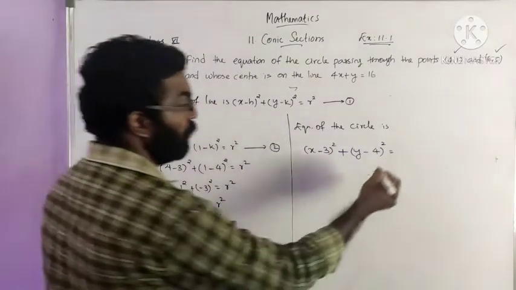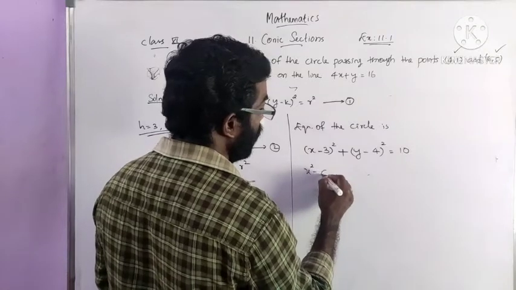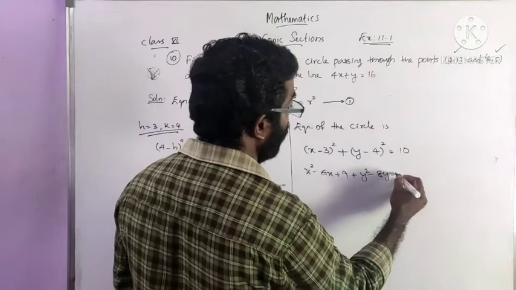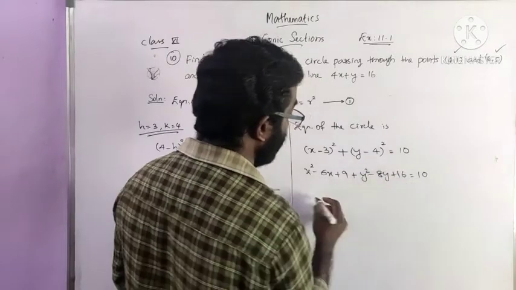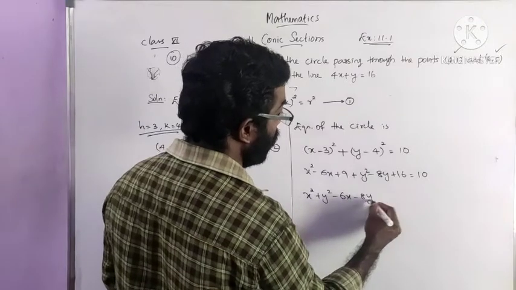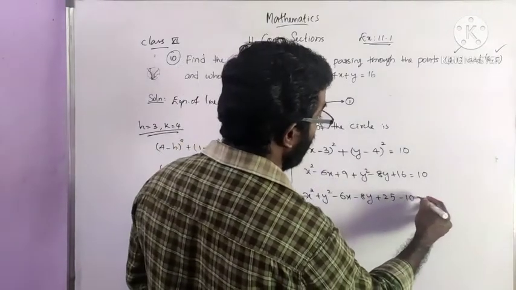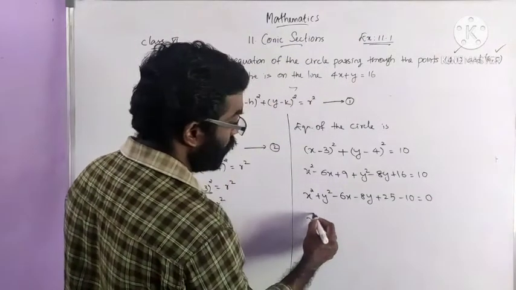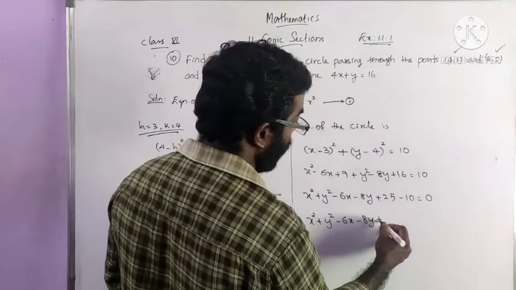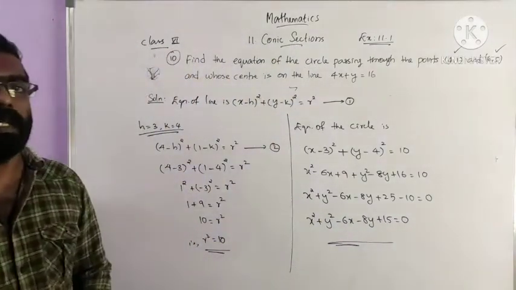Here r square is 10. We can expand: x square minus 6x plus 9, then plus y square minus 8y plus 16 equal to 10. x square plus y square minus 6x minus 8y plus 25, since 16 plus 9 is 25, then minus 10 equal to 0. That is x square plus y square minus 6x minus 8y plus 15 is equal to 0. This is the required equation of the circle.